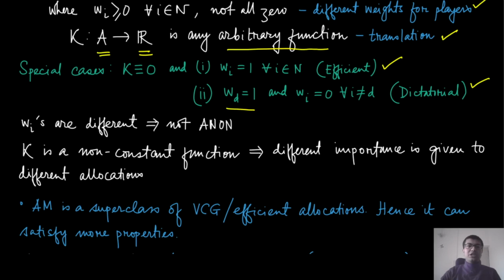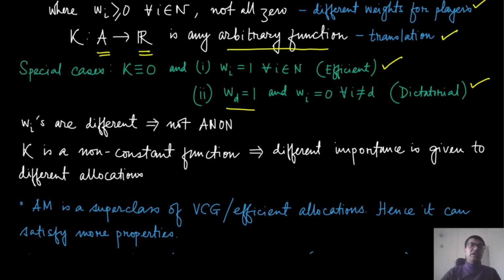Now we immediately notice that we have broken the VCG mechanism into this mechanism called the Affine Maximizers. When you have these weights which are different, then this allocation rule is not anonymous. Quite clearly, if you have, let's say, w_1 and w_2 which are different, when you swap these two players, their identities just get exchanged and their valuations remain the same, because w_1 is associated with player 1.